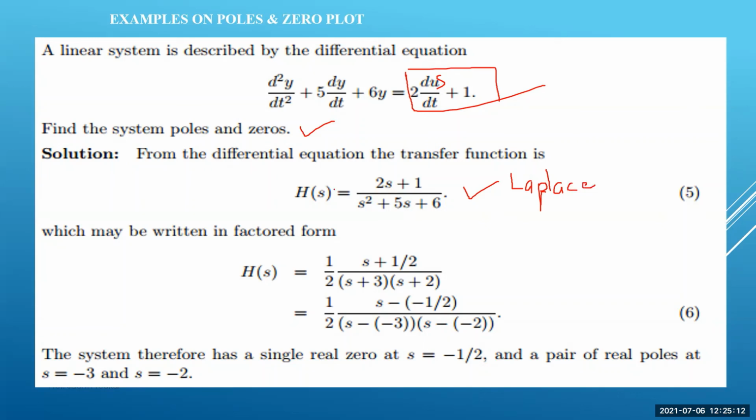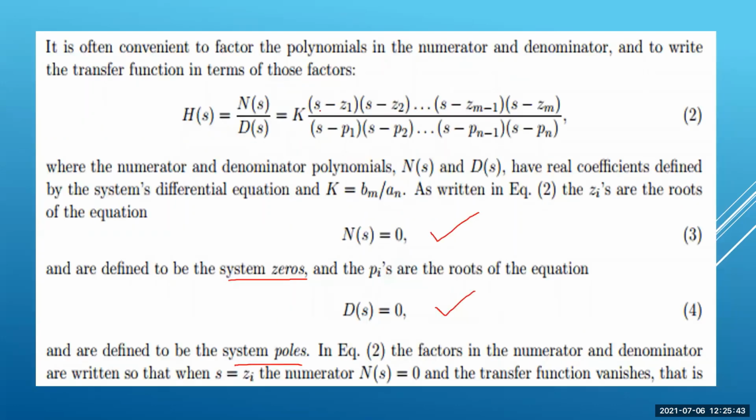Now with the help of this transfer function, we can simplify it with some mathematical operations. Just like I have divided here by 2, and 1 by 2 is taken common, so it is s plus 1 by 2. Here s square plus 5s plus 6 is equal to s plus 3 times s plus 2. Again I have simplified because I need it in this format: s minus z1, s minus z2, and s minus p1, s minus p2.